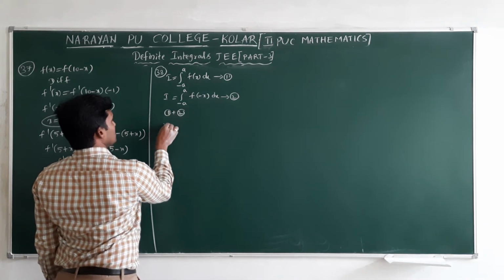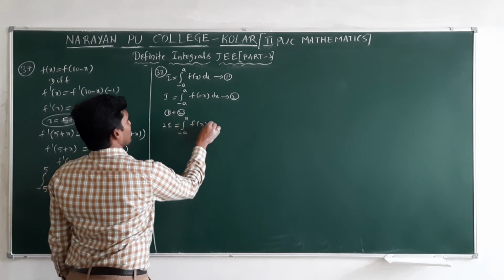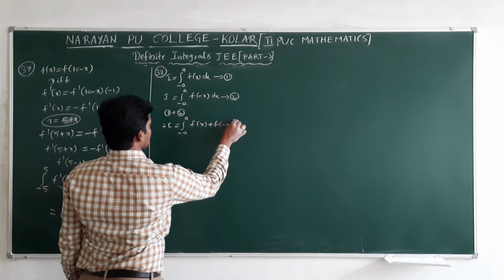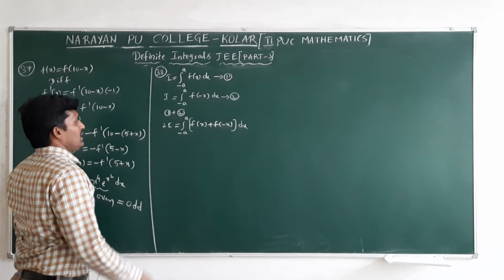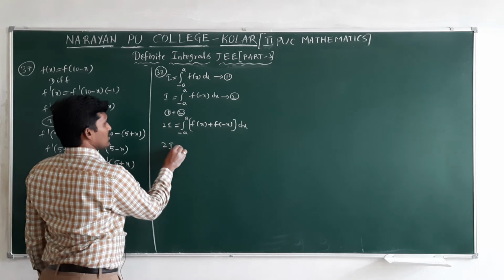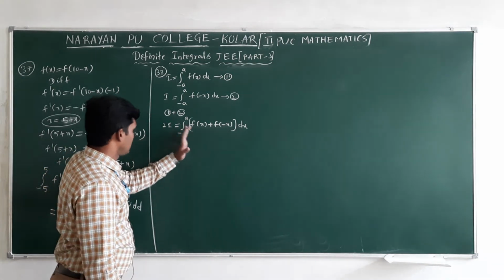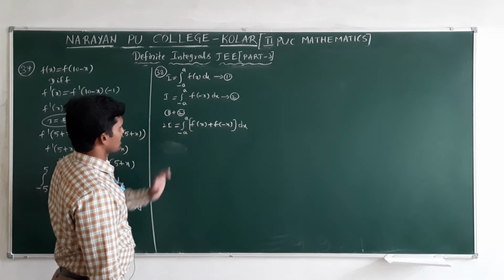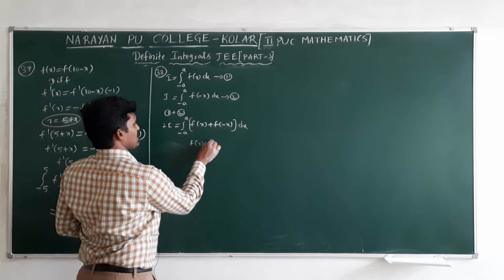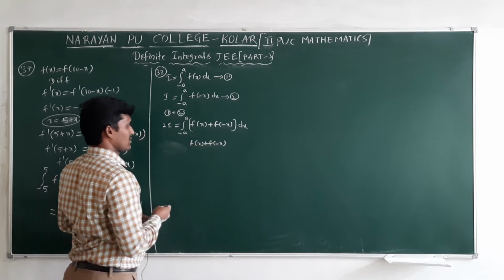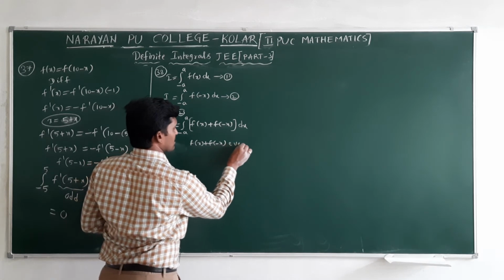Add 1 and 2. 2I equal to integral minus a to a f of x plus f of minus x dx. This we can write. Now you verify whether this is an even function or odd function, just by replacing x with minus x. Now f of x plus f of minus x, in this, if you substitute, it is clearly an even function.